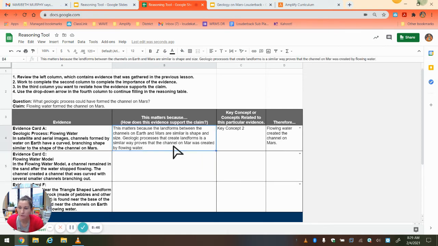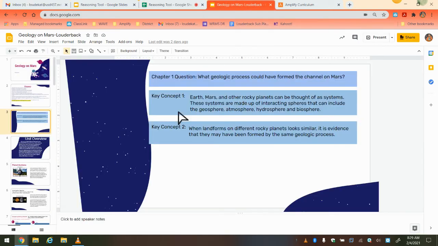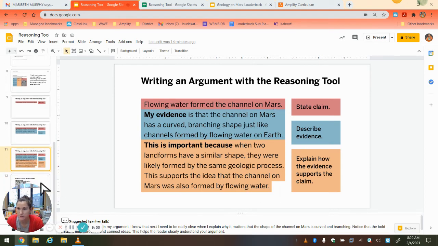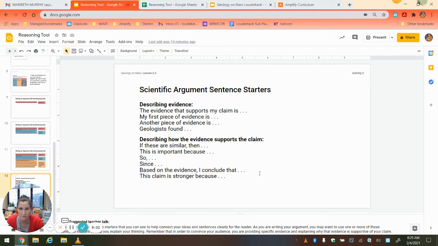All right. So you're going to have to go back through your slides occasionally to revisit the lesson, to reread the key concepts, and to formulate your sentences, and to create your little argument. I know this can be difficult, so I've got some sentence starters here to help you. The evidence that supports my claim is, my first piece of evidence, geologists found.